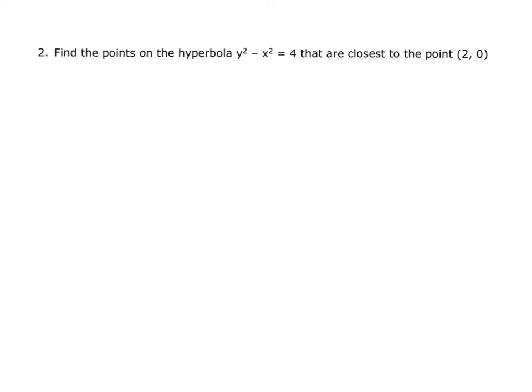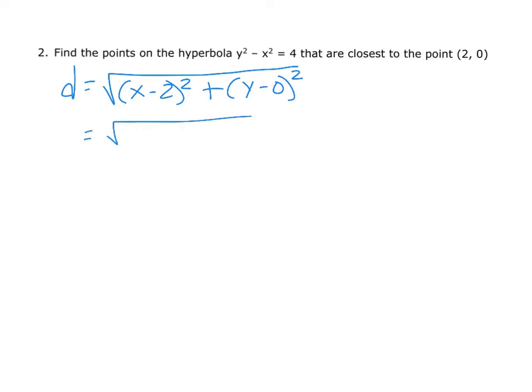All right, find the points on the hyperbola that are closest to the point. So this is another distance formula. It's basically the same exact thing that we just did, but notice it's y squared and x squared. So I'm going to start by plugging into my distance formula, x minus 2 squared plus y minus 0 squared, which is x minus 2 squared plus y squared.